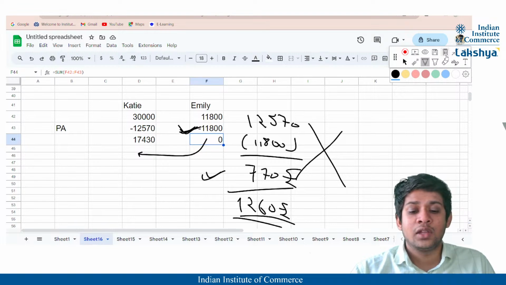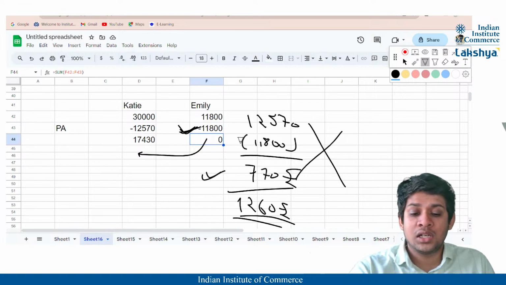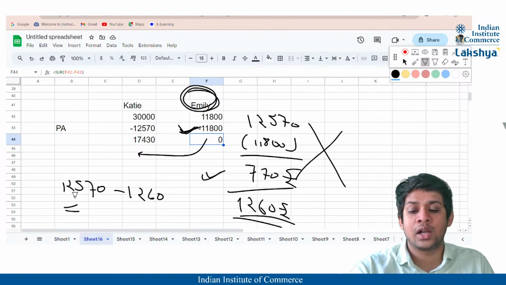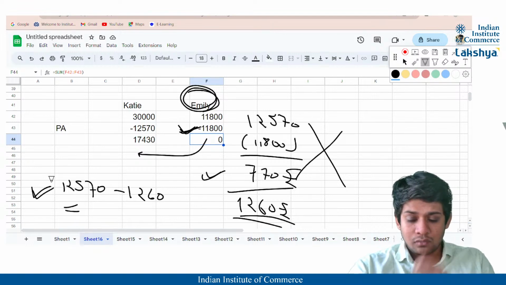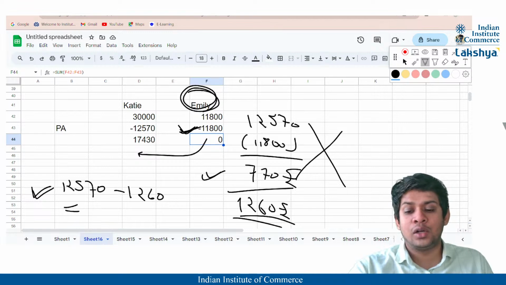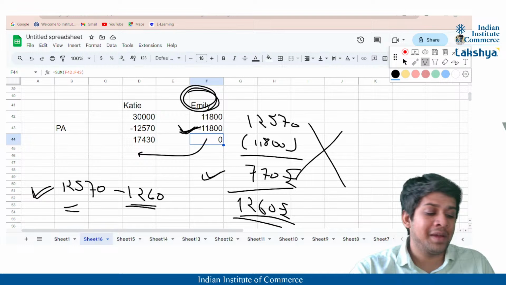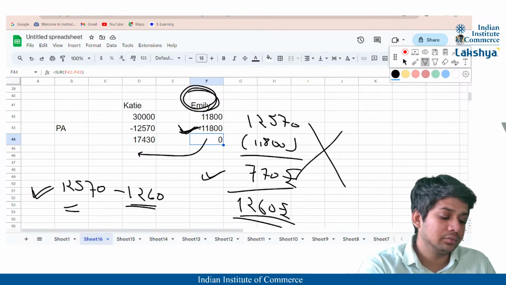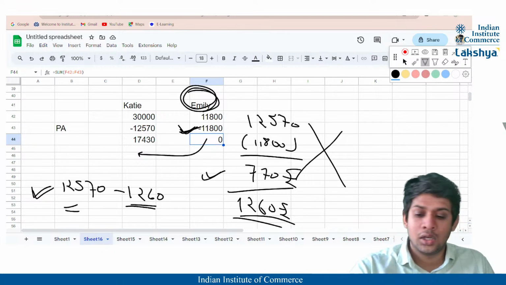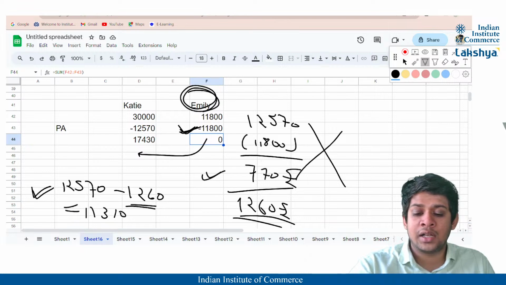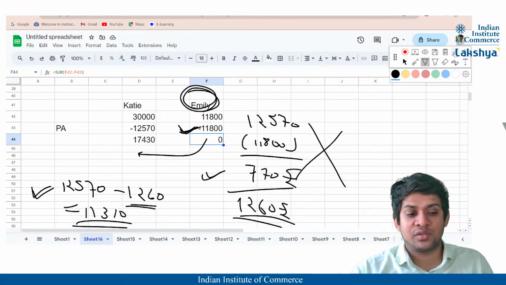So technically she can claim a personal allowance for herself. Emily can claim a personal allowance for herself only of 12,570 minus the 1260 she wants to transfer. So if she elects to transfer 1260, she can make a claim only of 12,570 minus 1260, that is 11,310, so that she can make a transfer.